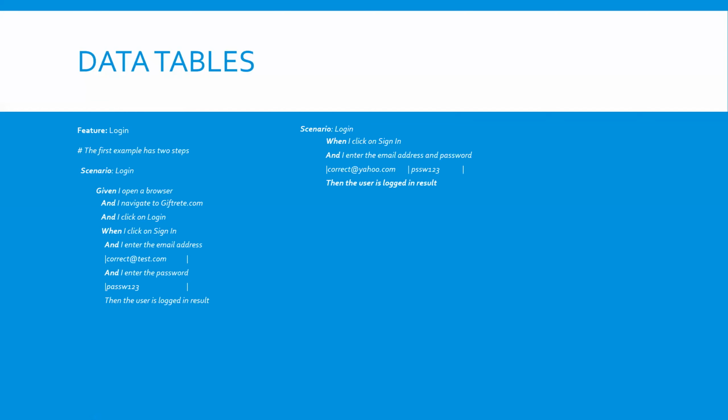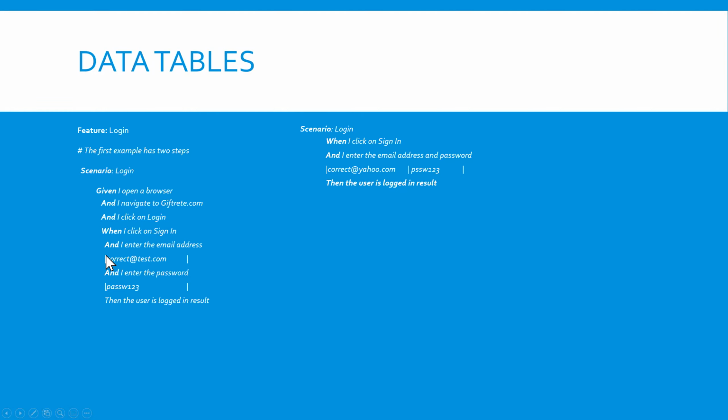You also have a data table to pass your data in. For instance, when we have a scenario like this, we have the login. When I open the browser, you click on gift page, you click on login, you click on sign in, and you enter email address. But I want to give the email address that I entered.